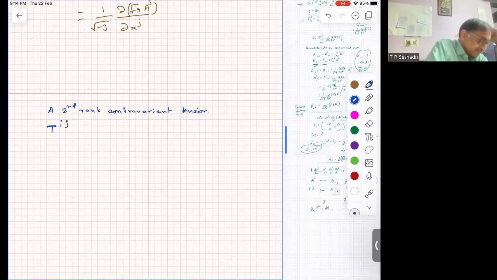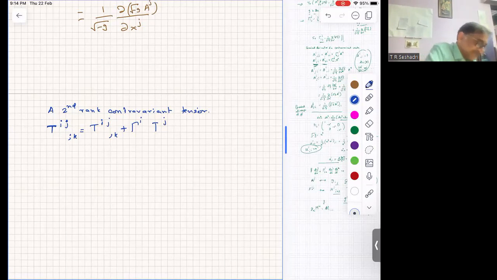Now this, I know that semicolon k will be equal to T^{ij} comma k plus gamma. I will first take the i here and I will retain the second one which is j here. Since there is to be something here, I'll put an a and the derivative here.